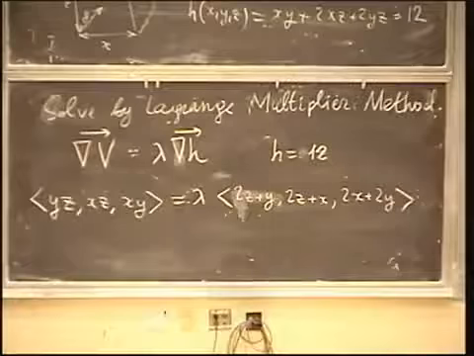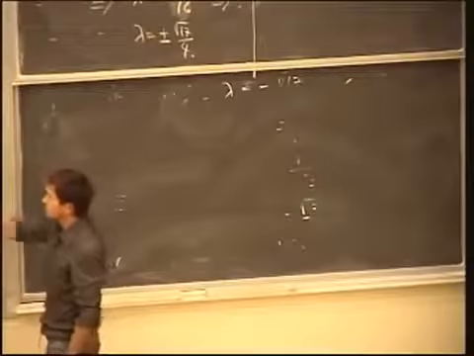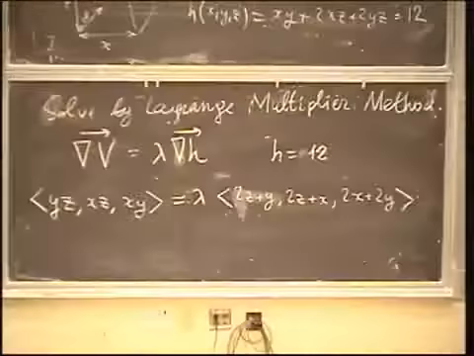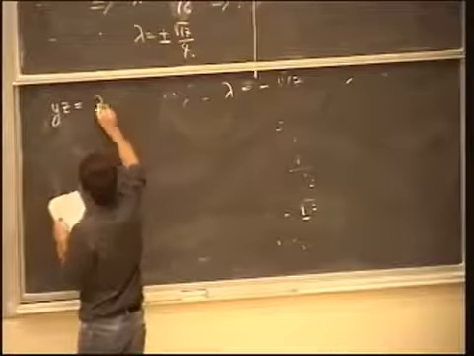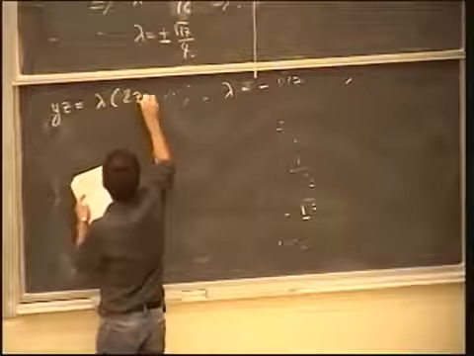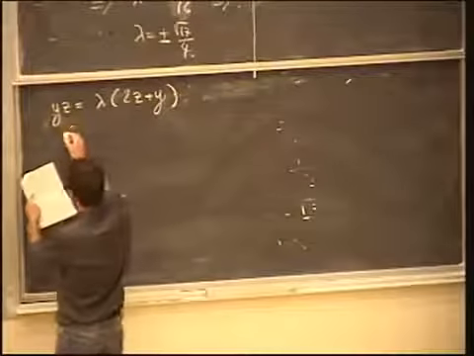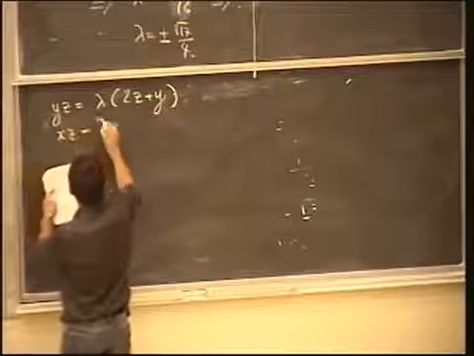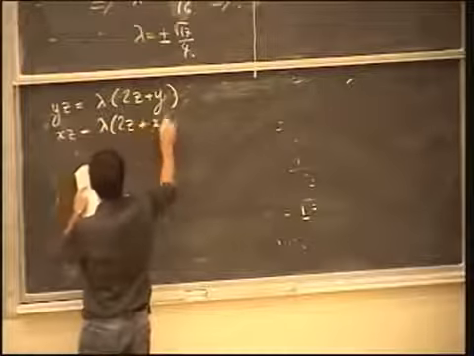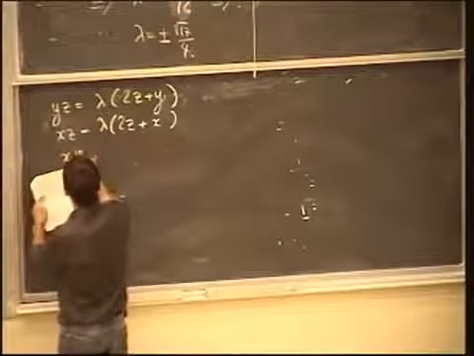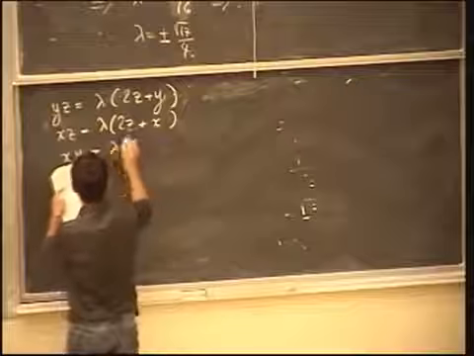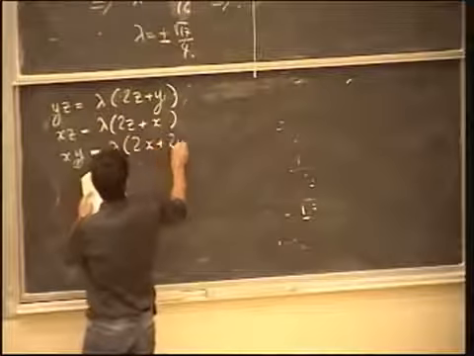So this is going to be three equations. yz equals lambda times (2z plus y). xz equals lambda times (2z plus x). xy is equal to lambda times (2x plus 2y).